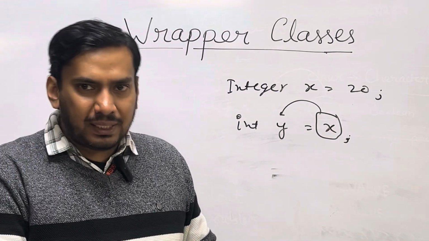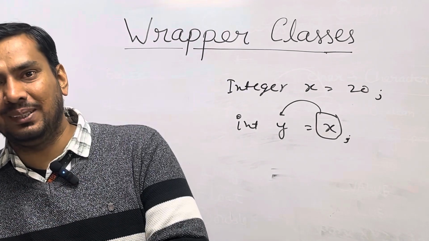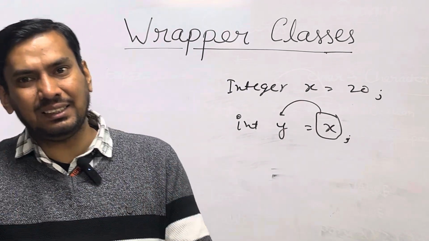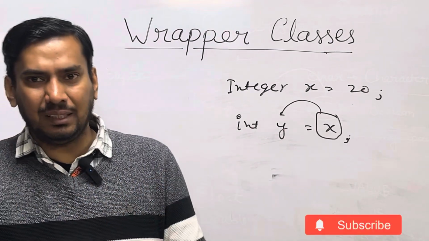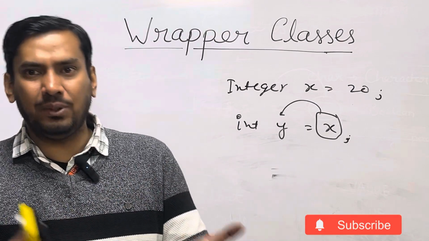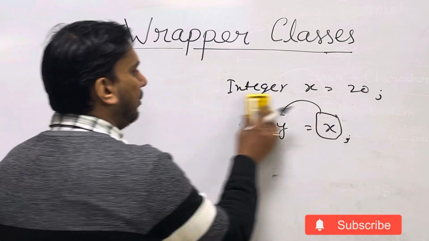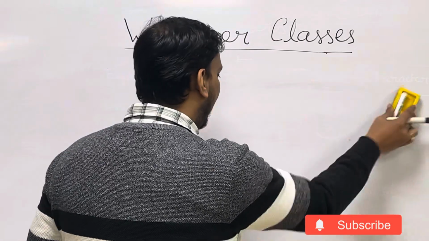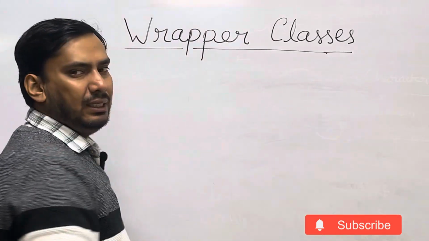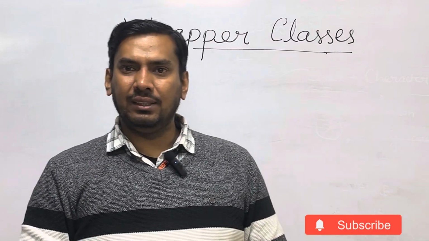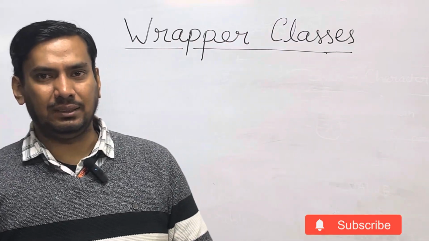A Double type of object cannot be unboxed to int type, right? Integer is unboxed to int, Double is unboxed to double, Float can be unboxed to float, right? So this is what your wrapper class is, and how it is used we will see in the collection framework, right? So that's all about the wrapper classes. Thank you.